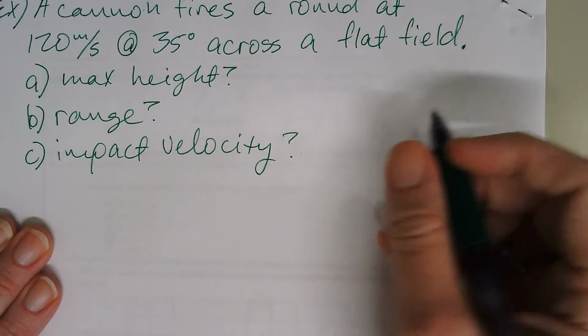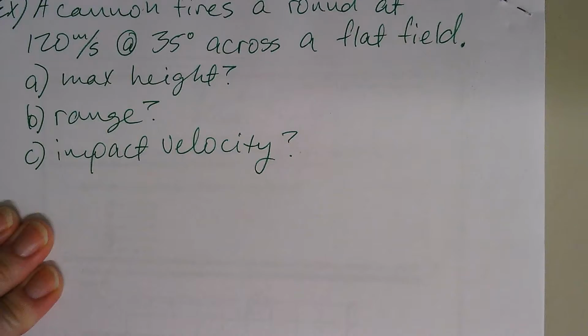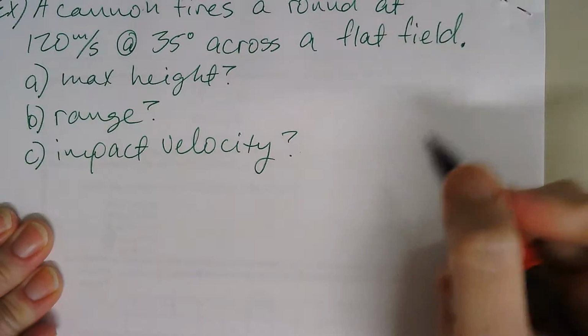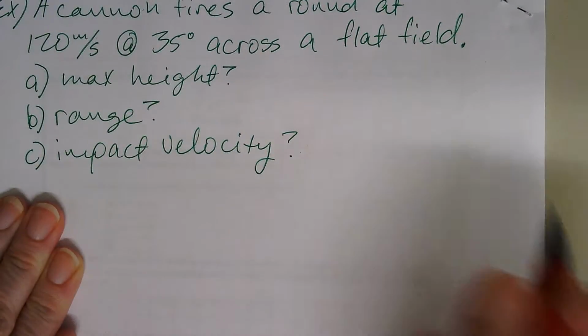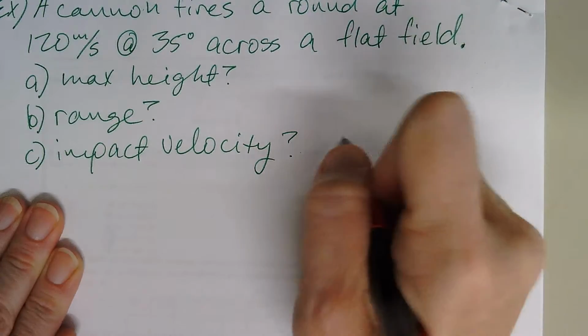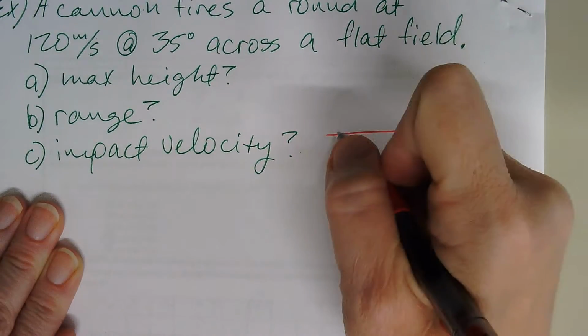Well, I'm going to actually draw a picture so that you kind of see what's happening. I'm going to change pen colors. Okay. So what's happening? Here's your flat field. That's as close as flat as you're going to get from me. I don't draw.